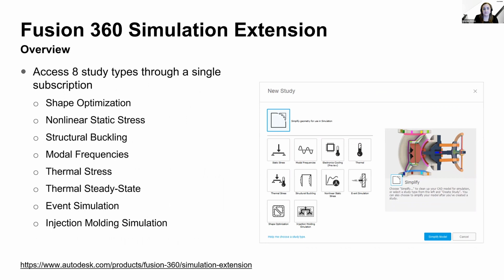The study types available within the simulation extension can be split between structural, thermal, explicit, and injection molding manufacturability. You may have noticed that most of these have actually been available within Fusion 360 for several years, and maybe a few of them are a little bit newer. These simulations utilize solvers that have already been validated and may already have been a part of some of your workflows today.